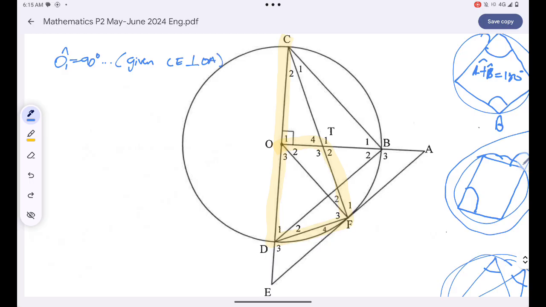Are you together? And what else do I know? I know that angle CFD is equal to 90 degrees. This is an angle in a semicircle.